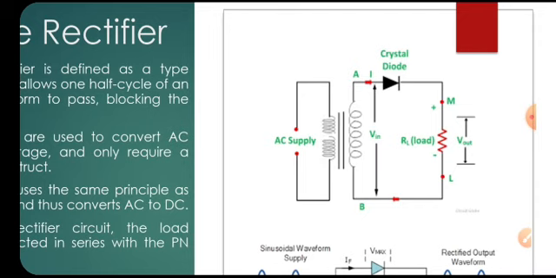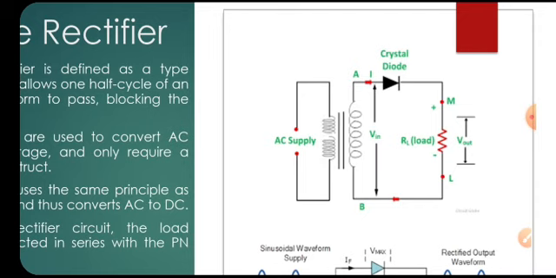So this PN junction diode conducts current only when it is in forward bias. When AC input is applied to the circuit, during the positive half of the input signal the diode is forward biased, and it allows the flow of current.